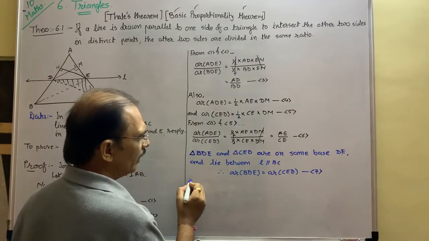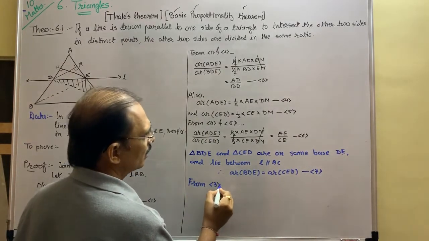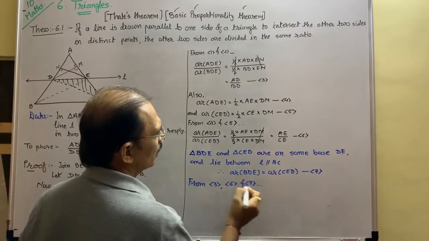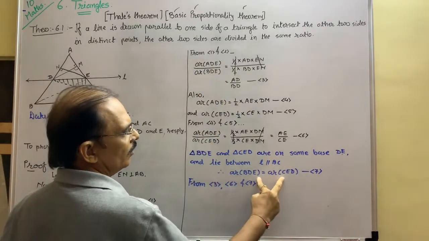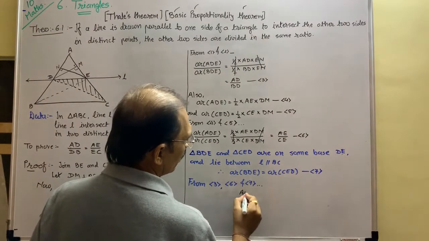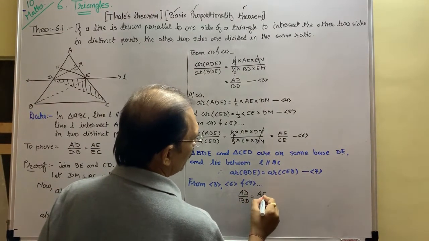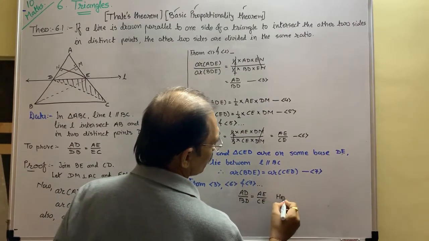So now you can derive from 3, 6 and 7. You can write that if BDE and CED are equal, their areas are equal, then you can say that AD upon BD, that is equals to AE upon CE, hence proved.